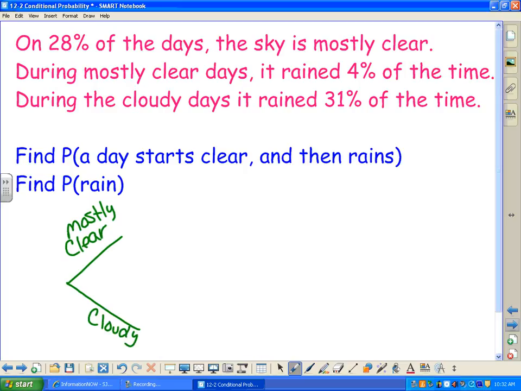Okay, and mostly clear happens 28%. That means cloudy happens 72%. Now, off of each of these, what could possibly happen? Okay, rain or no rain.